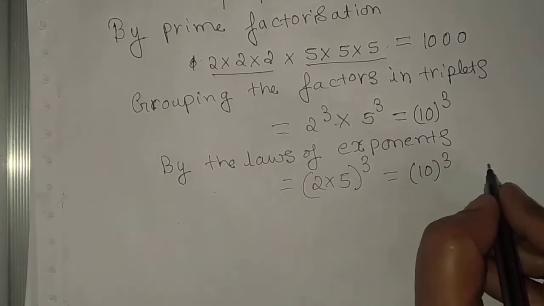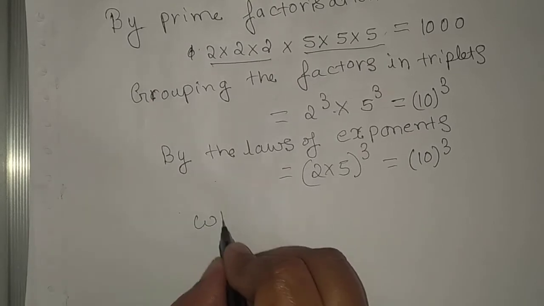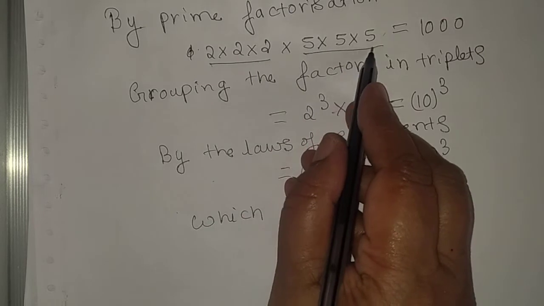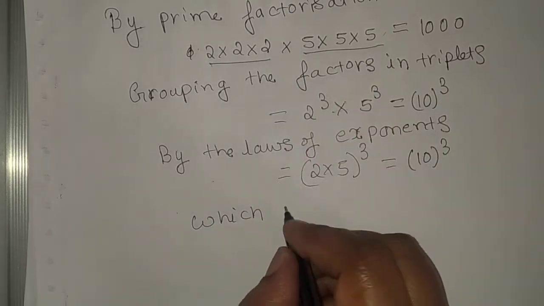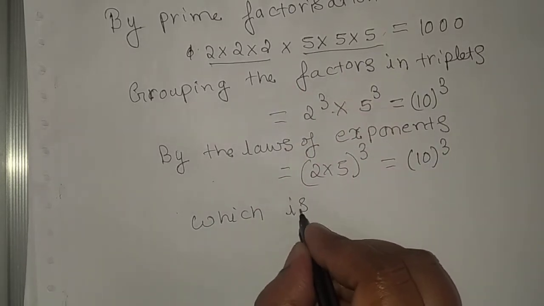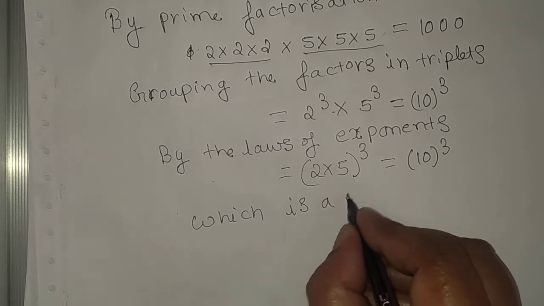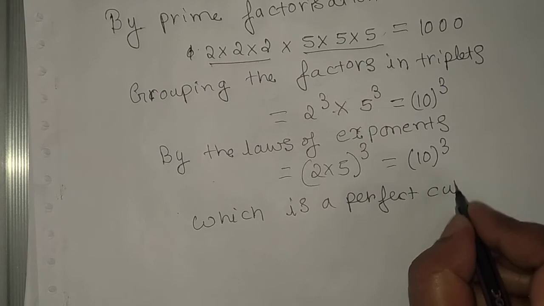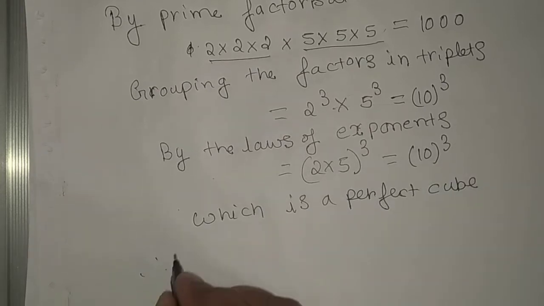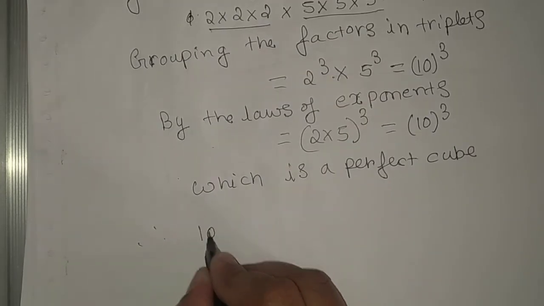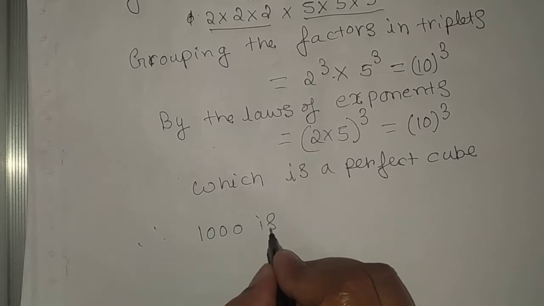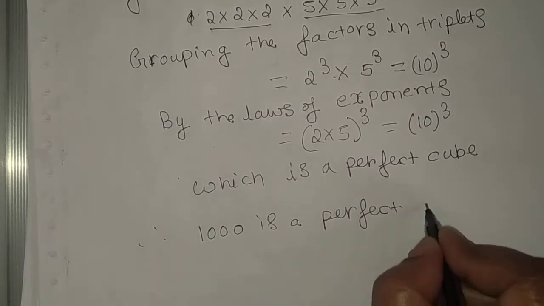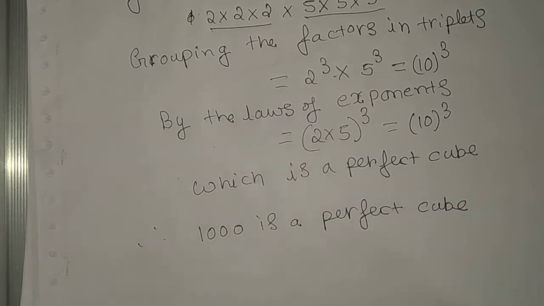Since they are perfectly grouped into 3, this is a perfect cube. Therefore, finally we write that 1000 is a perfect cube. This completes the third one.